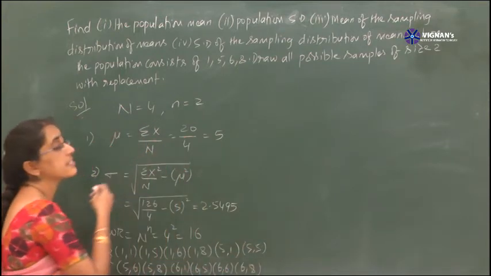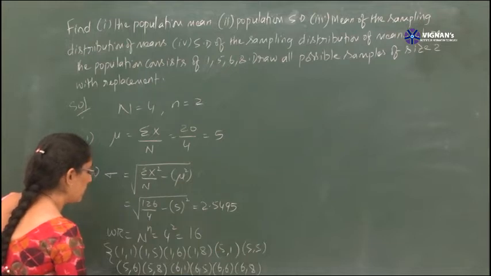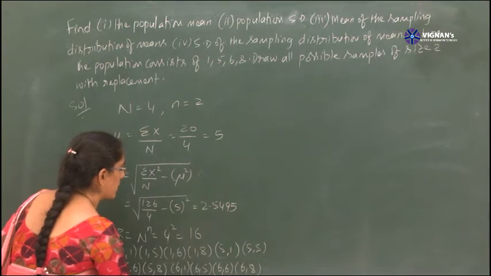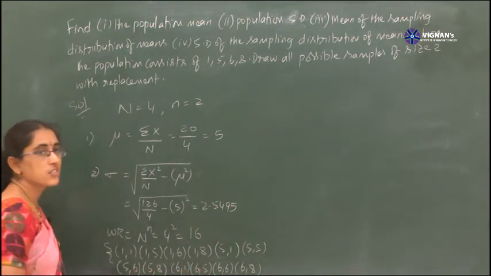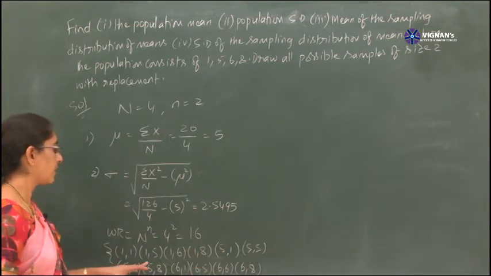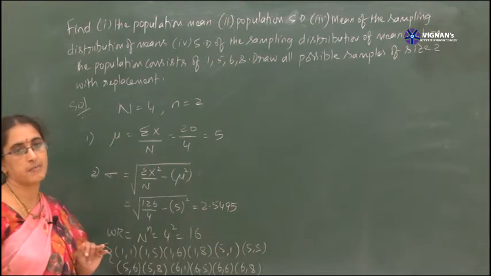And the last element is 8: 8,1; 8,5; 8,6 and 8,8. So totally there should be 16 samples, 1, 2, 3 up to 16 samples are there.